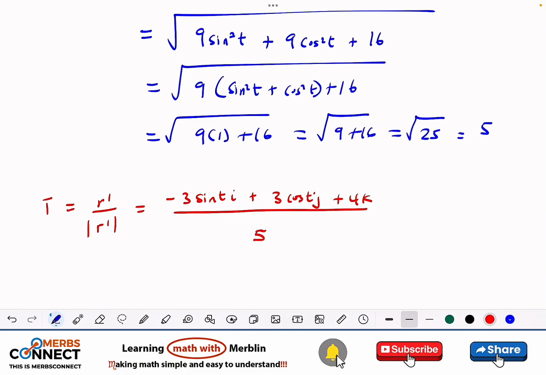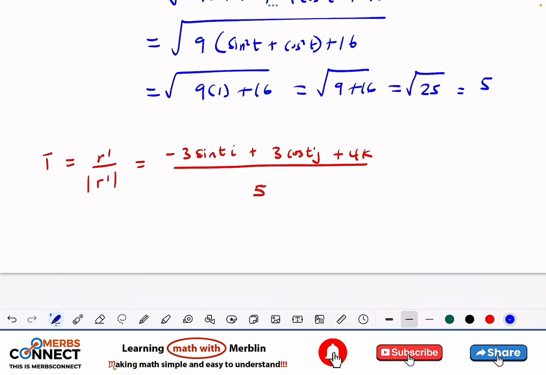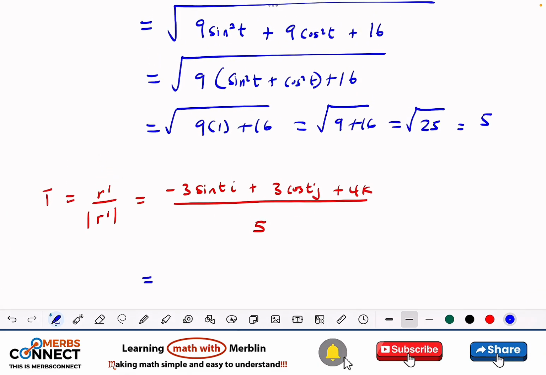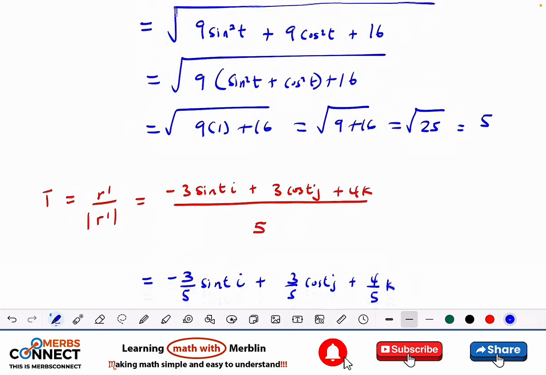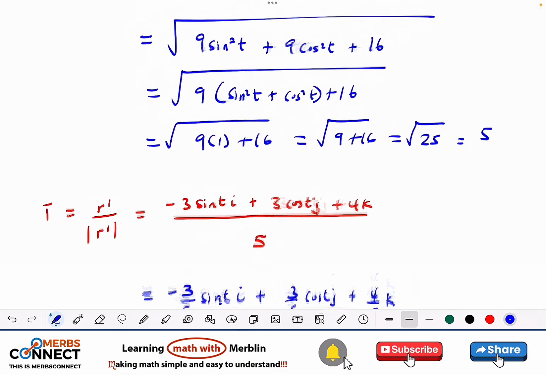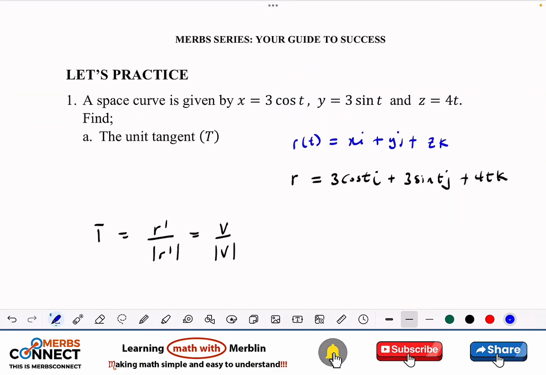So basically, that's what you are going to get. And if you want to simplify this, since this is going with directions, we can write this one as minus 3 divided by 5 sine t i plus 3 over 5 cos t j plus 4 on 5 k. So this is the unit tangent.